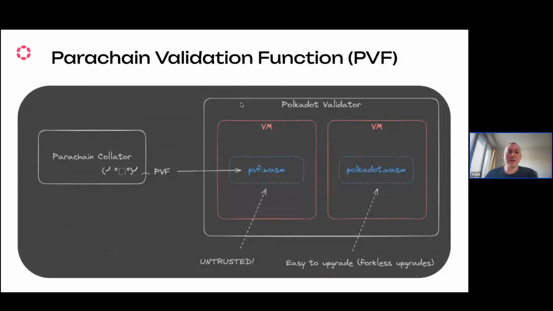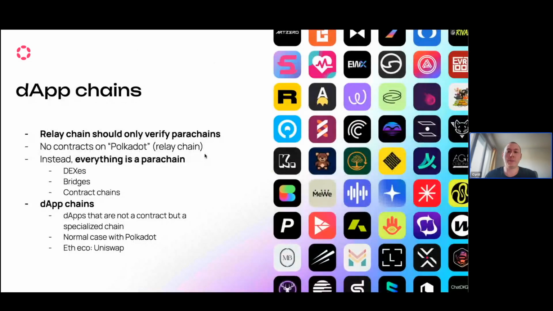The parachain collator produces a validity proof of the parachain block and sends it to the Polkadot relay chain validators. They have this proof of validity function, and they re-execute and prove the correctness of the parachain block. This is what our rollup model looks like, more or less.